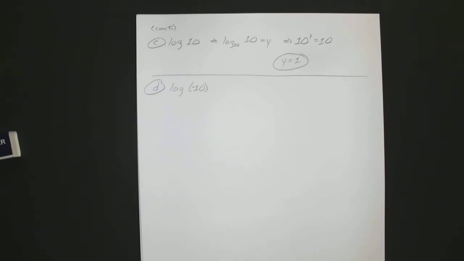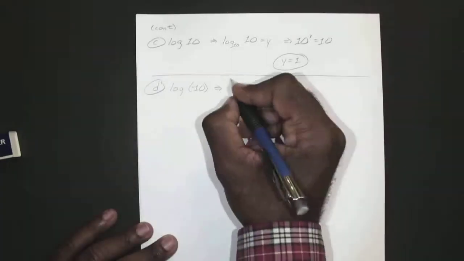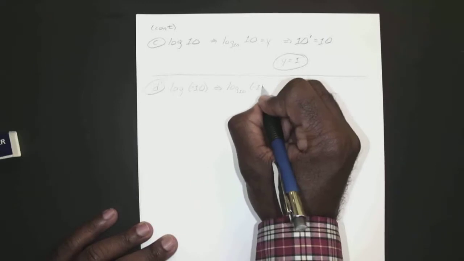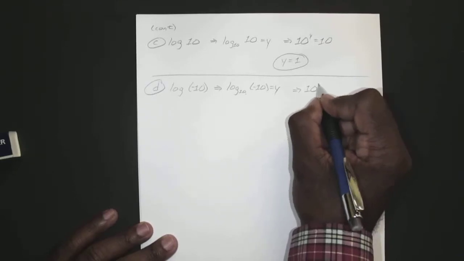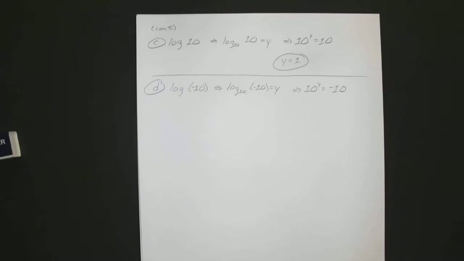Right. So if you're actually stumped on this one, you should be, because it's undefined. So this one is log base 10 of negative 10 equals y. So that's 10 to the power of y equals negative 10. And there's no y value you can plug in that would make 10 equal negative 10, at least as an exponent.